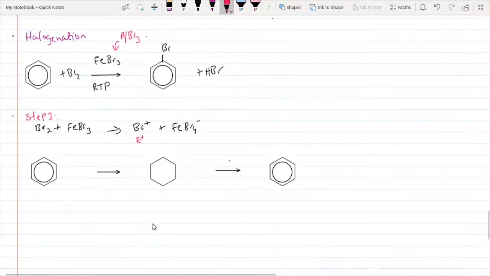In this step, which is called the substitution step, we'll take our electrophile, the bromonium ion.